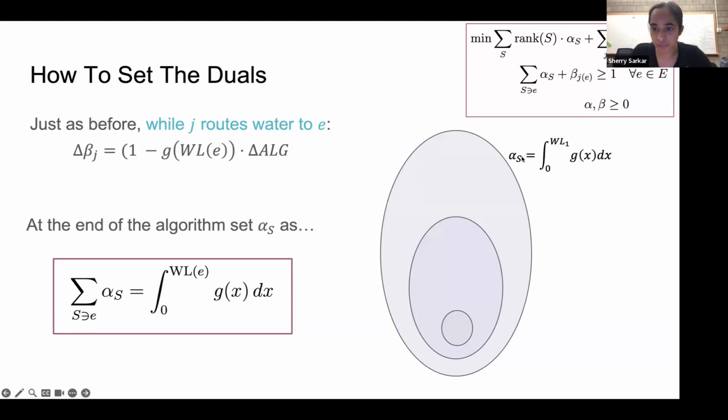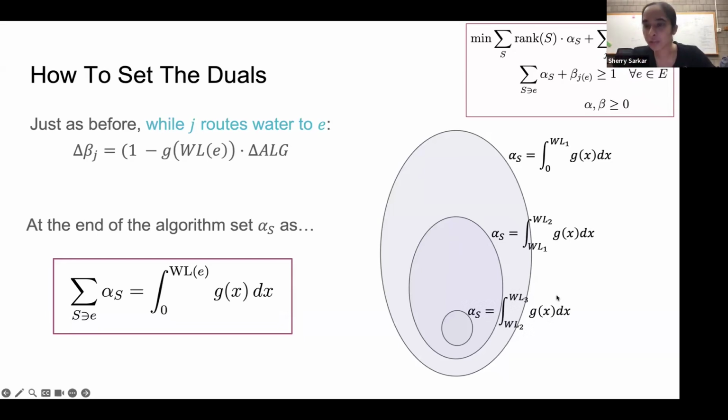So here, the alpha S of this outermost set is going to be the integral from 0 to the first water level. And then the alpha S of this set here is going to be the integral from the first water level to the second, and then the innermost set gets this as well.